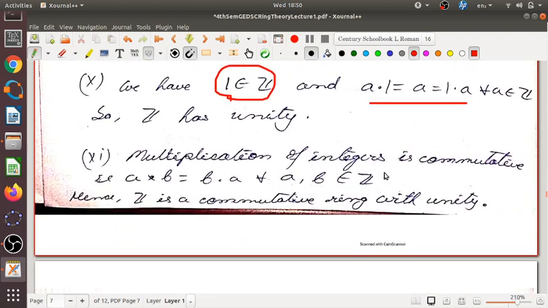Also, multiplication of integers is a commutative operation, that is a · b is the same as b · a for every a, b in Z. Together with those 9 properties, it also satisfies the unity property and the commutativity property. Hence Z is a commutative ring with unity. It is a ring because of the first 9 properties. It is commutative because of the 11th property. It is a ring with unity because of the 10th property.